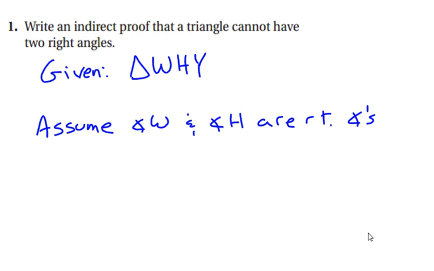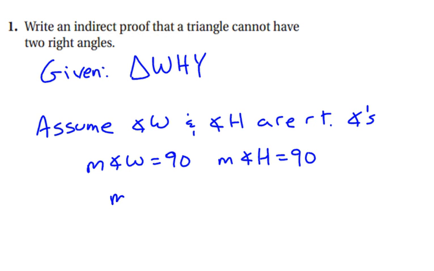So if that's the case, then by the definition of right angles, that means that the measure of angle W equals 90, and the measure of angle H equals 90. And we also know that the sum of the angles of a triangle is equal to 180 degrees.